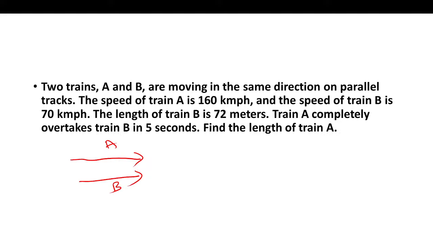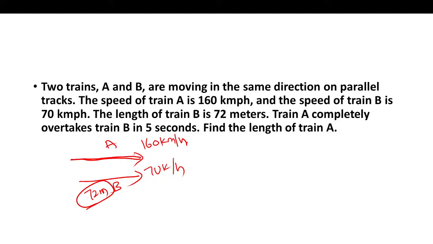The speed of train A is 160 km per hour and the speed of train B is 70 km per hour. The length of train B is 72 meters.